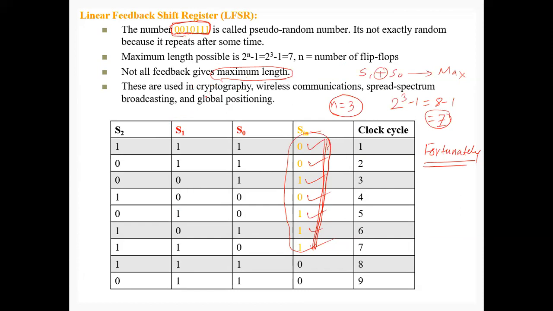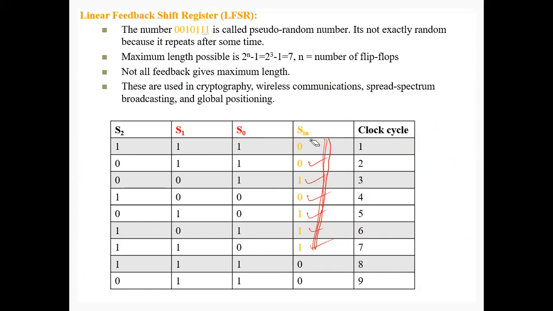So what is the use of this feedback shift register? They are used in cryptography, wireless communication, spread spectrum broadcasting, and global positioning, okay? This is the use of LFSR, linear feedback shift register.